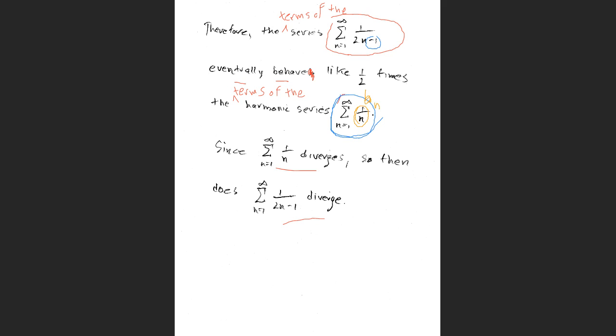So I'm focused on 1 over 2n. Well, 1 over 2n is just 1/2 times 1 over n. And that kind of clued me in to make a limit comparison with the harmonic series.